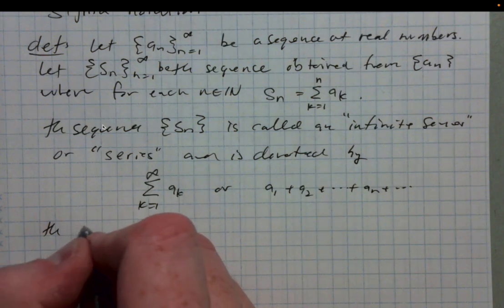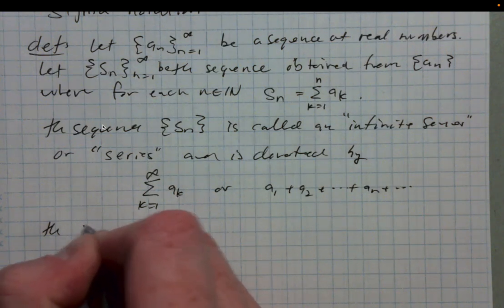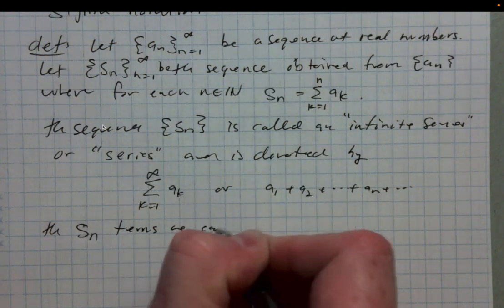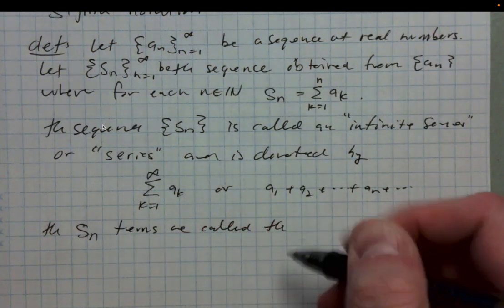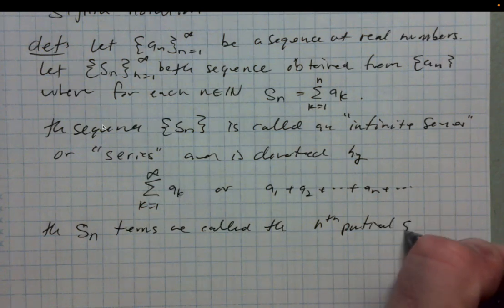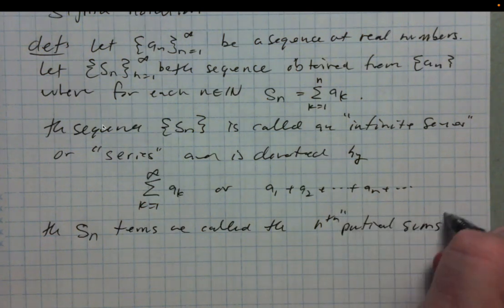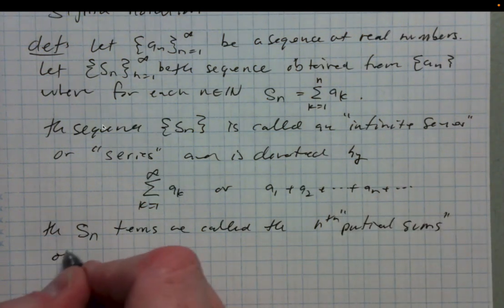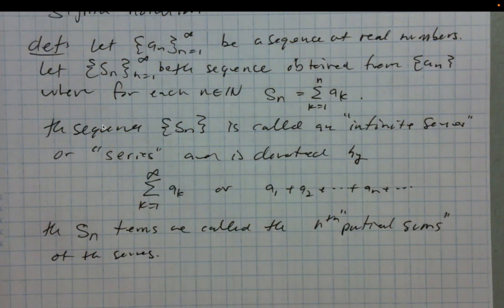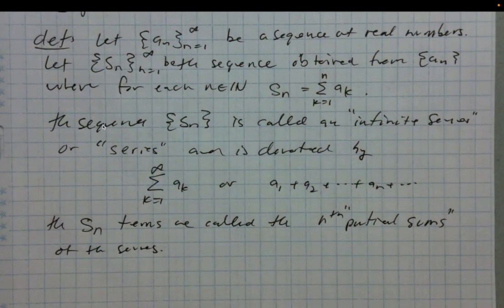The terms of this s sub n sequence are called the nth partial sums of the series. Also, a sub n is called the nth term of the series.